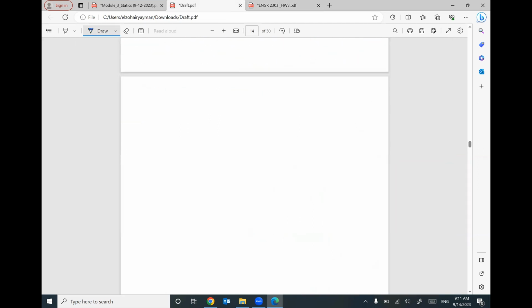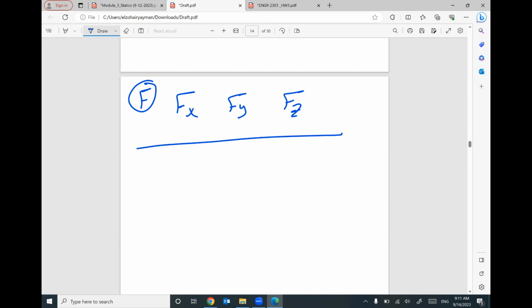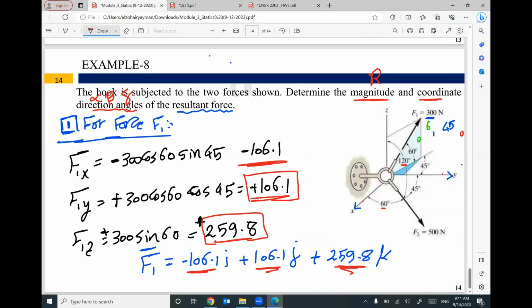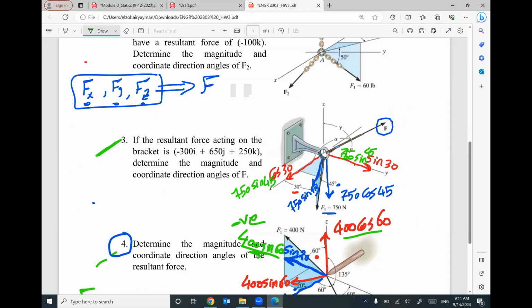Let's do it here. So for F, I have Fx, Fy, Fz. I don't know anything about these. Okay, what's next? For F1x, F1y, F1z, what are the three components of this force? For x, it's 750 sine cosine.